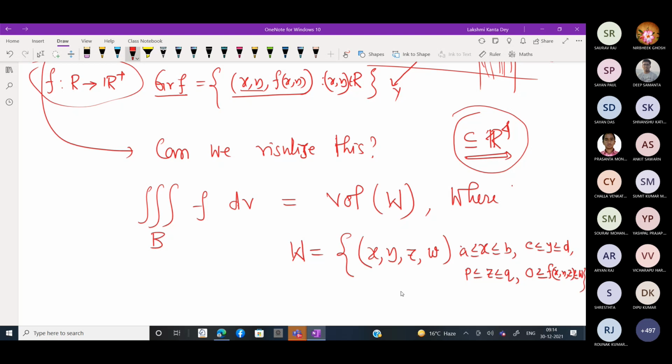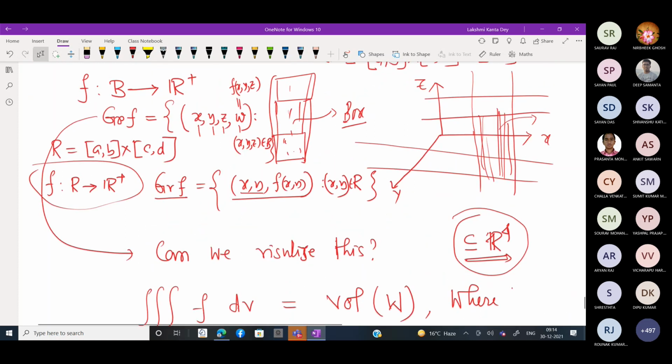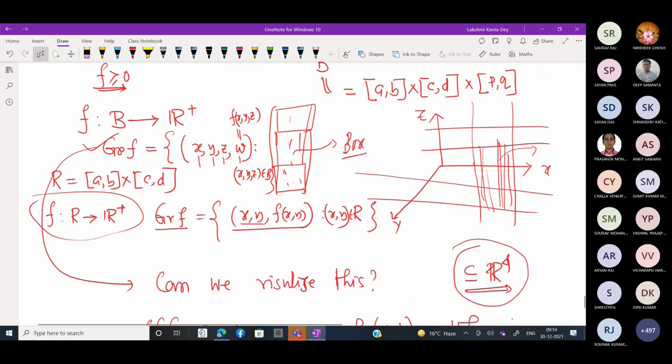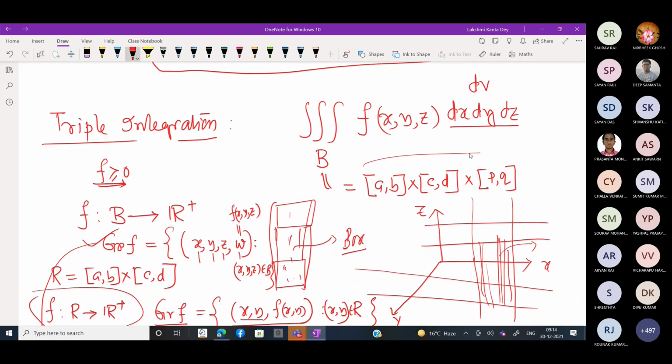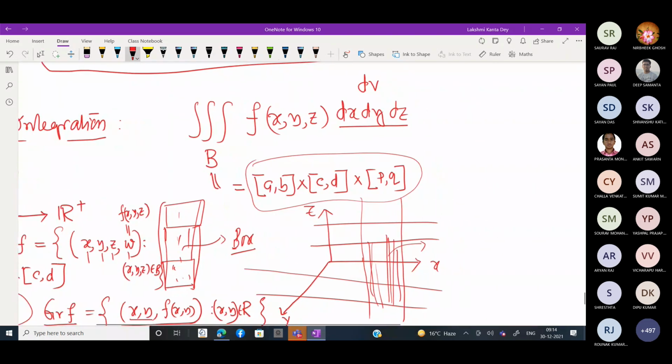Okay, so this part, whatever it is, is under the graph of the function, and above the box, where B is this box. This is the domain of definition.